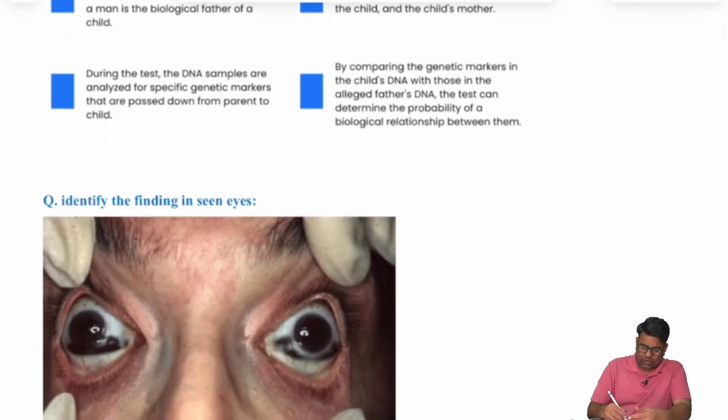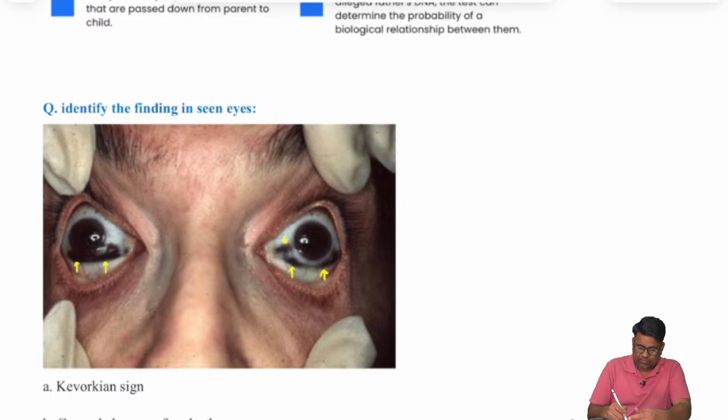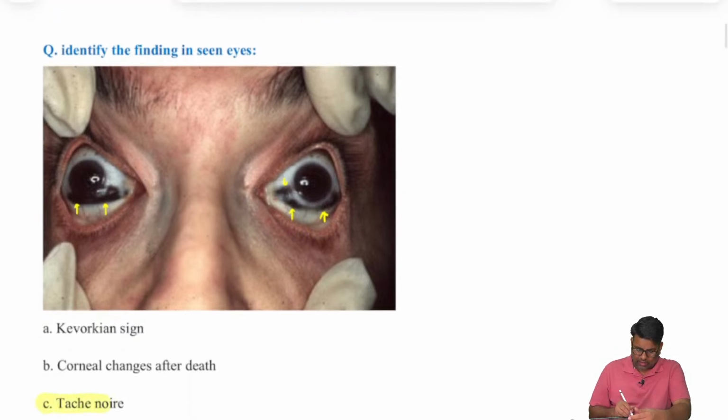Now then there was one image of an eye, and some blackening was noticed in the sclera, and it was asked what this is. This is actually a classical tache noire, which we see if a person dies with eyes open. We can have these kinds of black shadows around the iris, especially in the sclera.